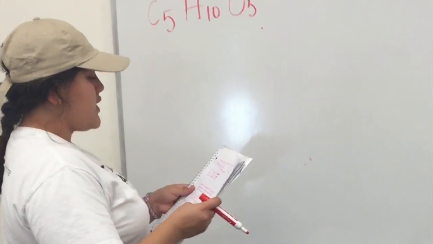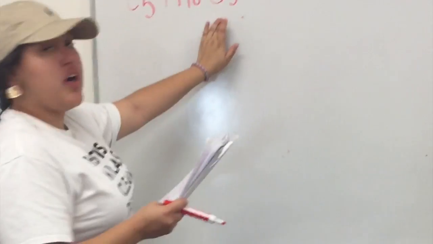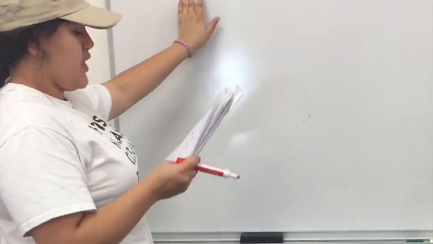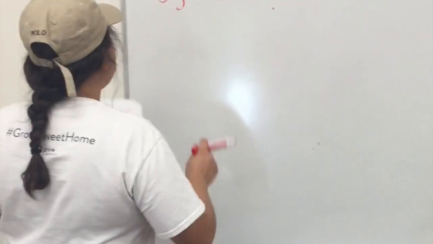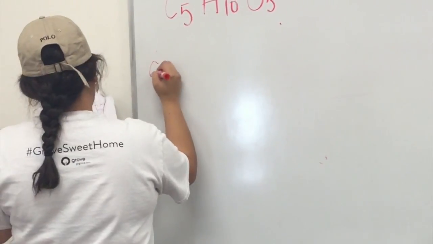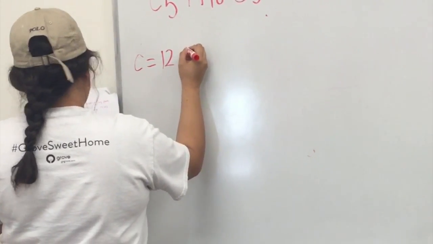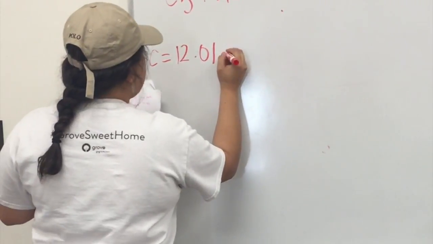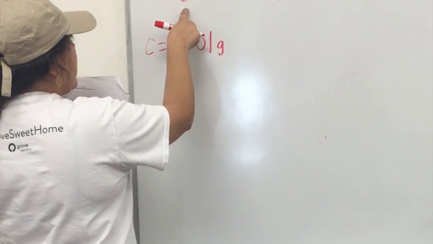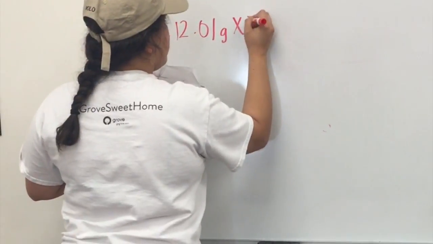Okay, so question 1 is asking for the percent composition of C5H10O5, which is a molecule that is given to us. So you're going to find the molar mass of this molecule. So carbon has 12.01 grams, and because there are 5 carbons, you multiply that by 5.